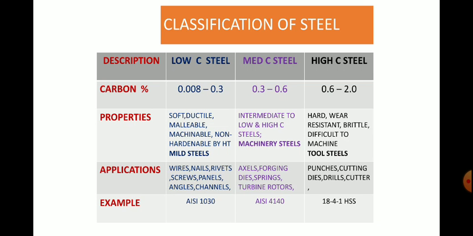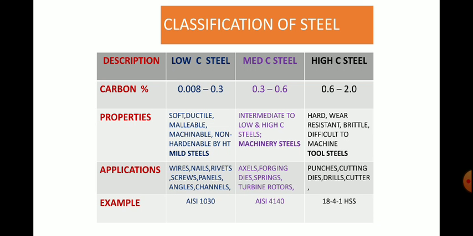Similarly, medium carbon steel has intermediate properties between low and high carbon, and it is mostly used for machinery, so it is called machinery steel. High carbon steel is used for tougher applications because it has harder properties due to maximum carbon content, so it is sometimes called tool steel.